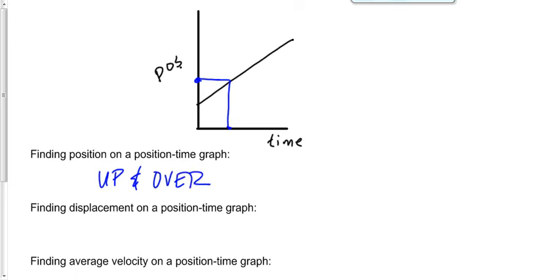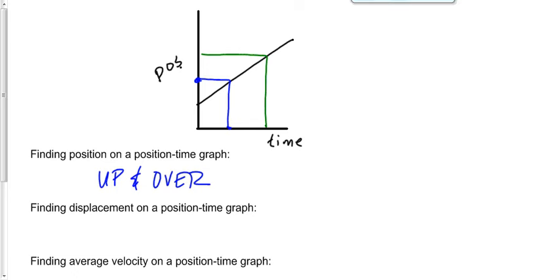Up and over. The displacement on a position time graph, what's displacement defined as? Quinn, what's displacement defined as? Can you help me with that? Good, it's the change in position. If we know how to find the position, then we should be able to find a change in position, right? Position is up and over. You want to find displacement?